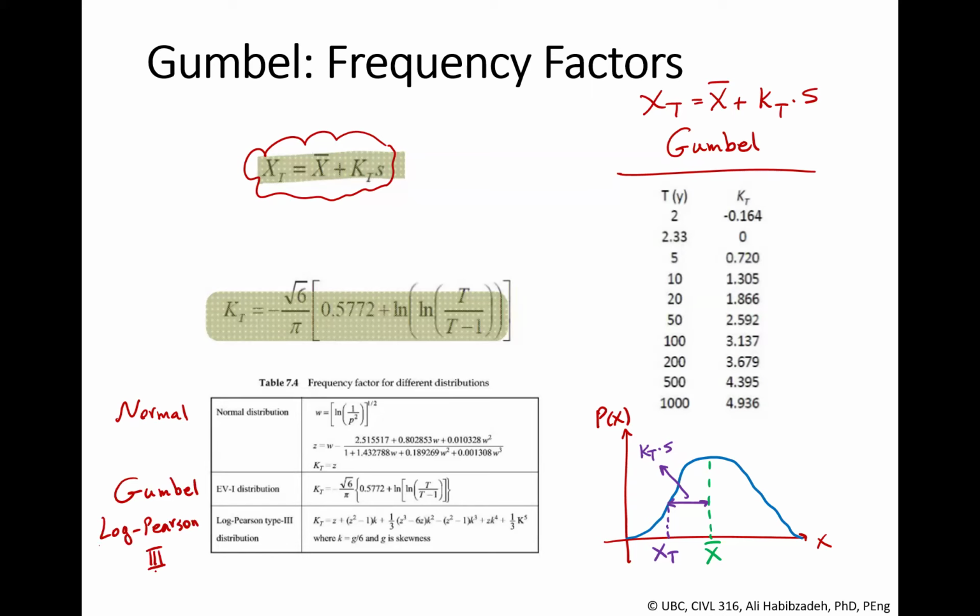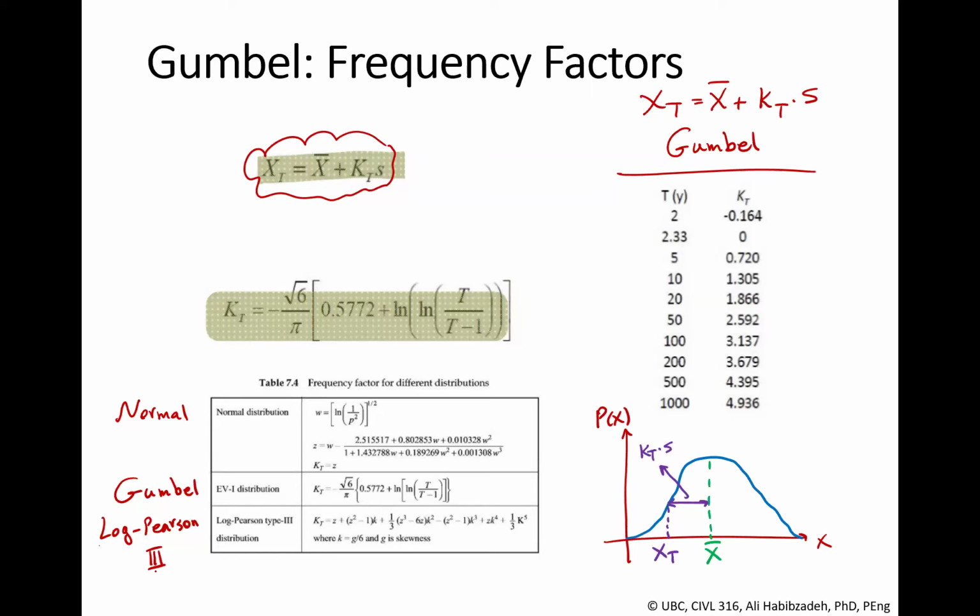All of these, normal distribution, Gumbel and Pearson, you have two options. You can apply the method to the data as they are, or to the log of the data. So whenever you see a distribution that says log Pearson, log Gumbel, log normal, I don't think we have log Gumbel, but whenever you see log, it means you do exactly what we talked about, but you apply the calculations to the log of the raw data.